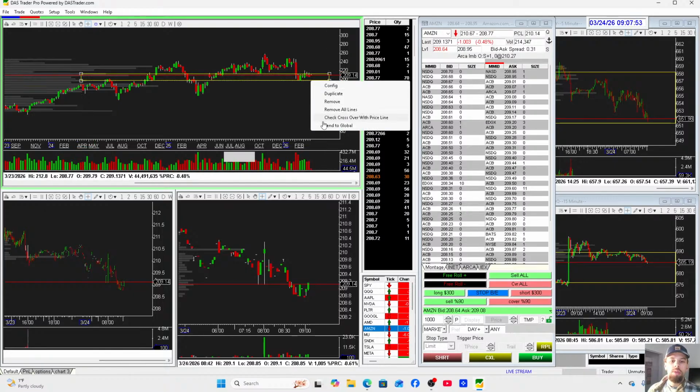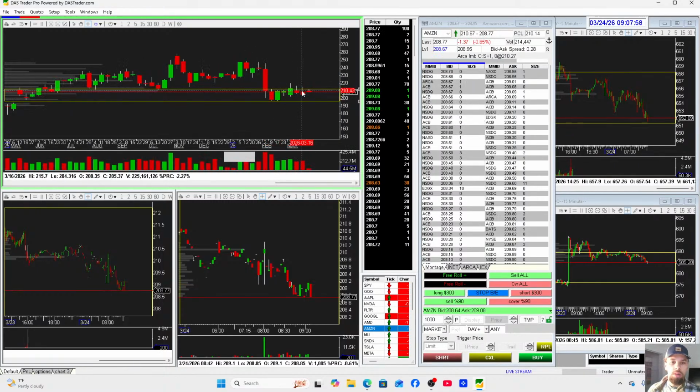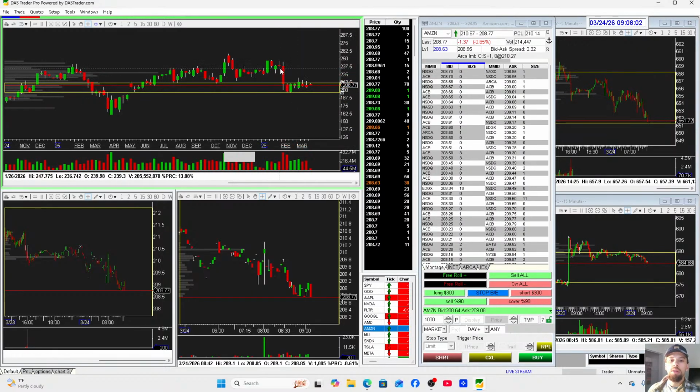Area of support 196. Be nice to see Amazon test that box, make a leg down. This is a nice little ABCD pattern.